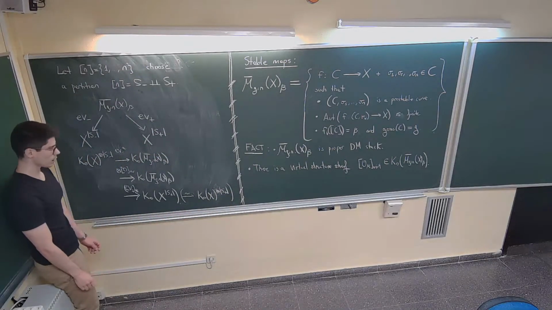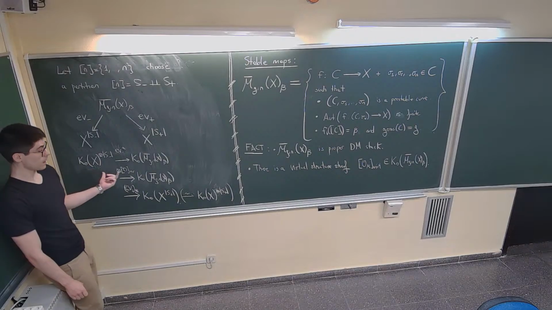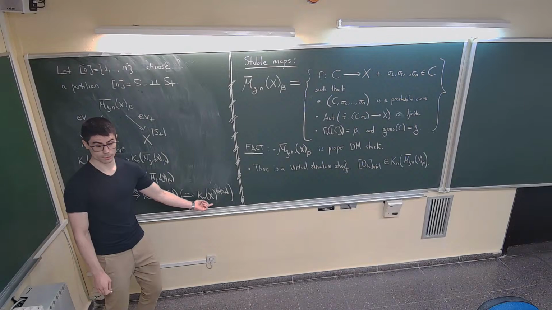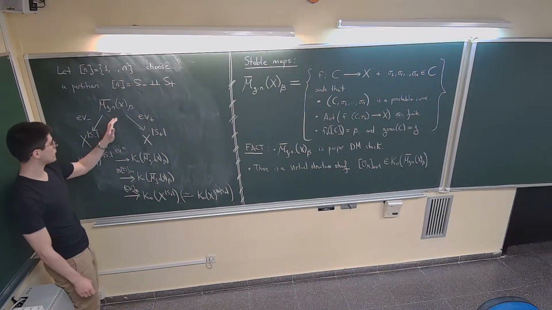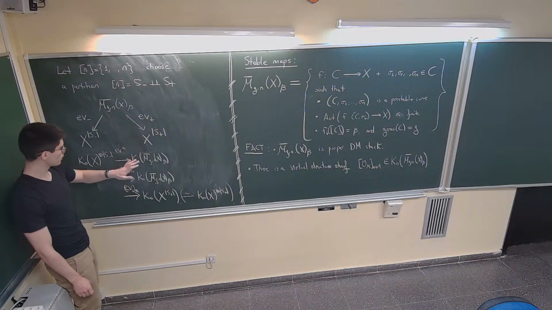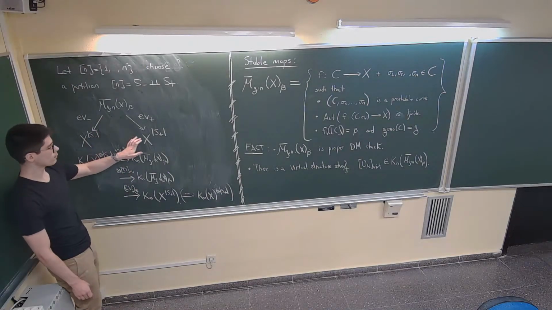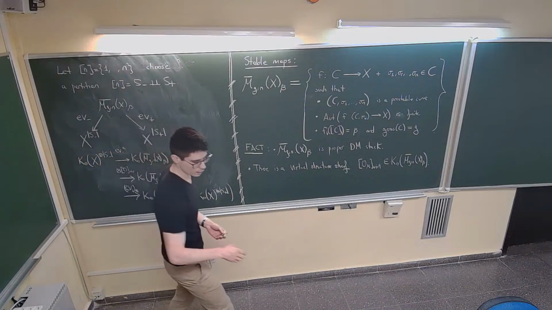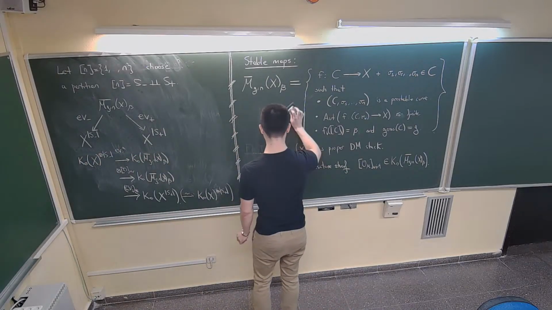So you can think about this as some kind of n-ary operations that take a tuple of classes of K-theory of X and spit out some tuples of K-theory of X. And these are going to be well behaved. There are some gluing properties of this virtual structure sheaf that make this kind of operation have a lot of recursive properties.